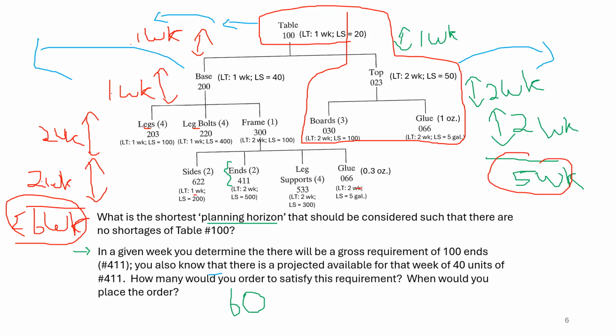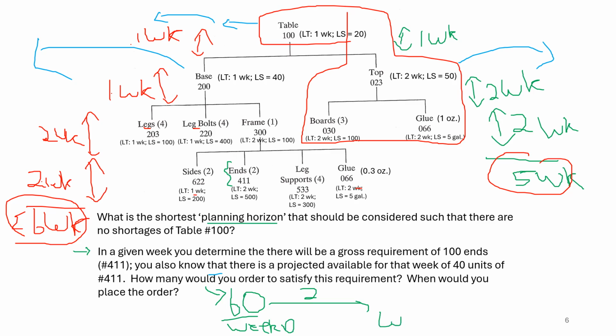So we need 60 more, and the lead time for ends is 2 weeks. The lot size is 500. So we have to at least put an order for 500 ends. So now that we need 60 ends, it is well within that 500. And if we require the next 60 ends, if we order it today, we will get it after 2 weeks. So today, let's say it's week 0.